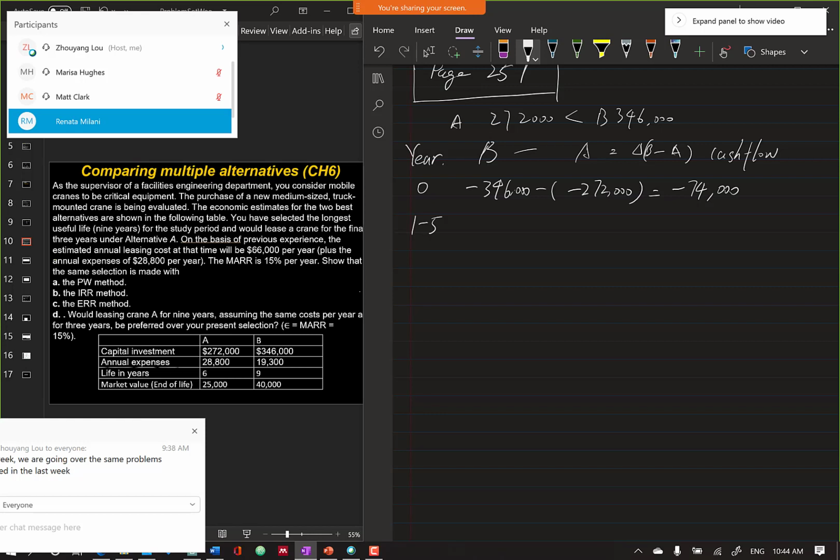from year 1 to year 5, we notice that's just the annuity of A and the annuity of B, and they're all expenses. So we have these 2 parts.